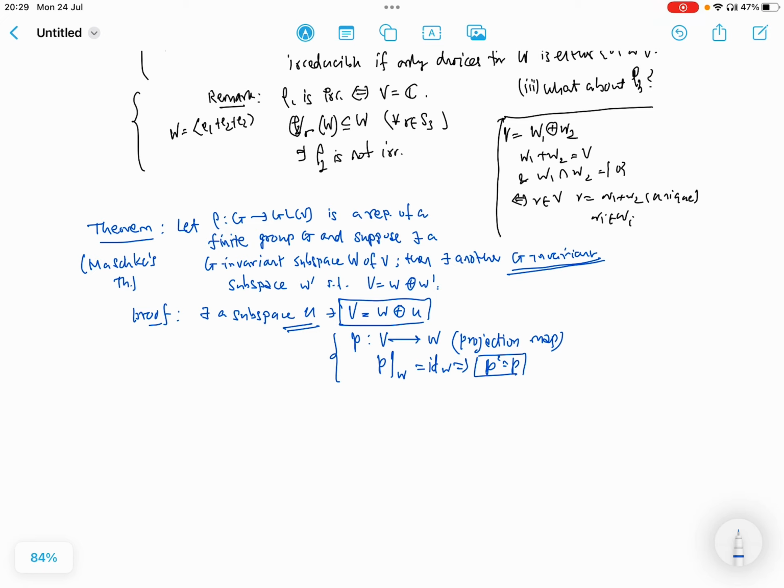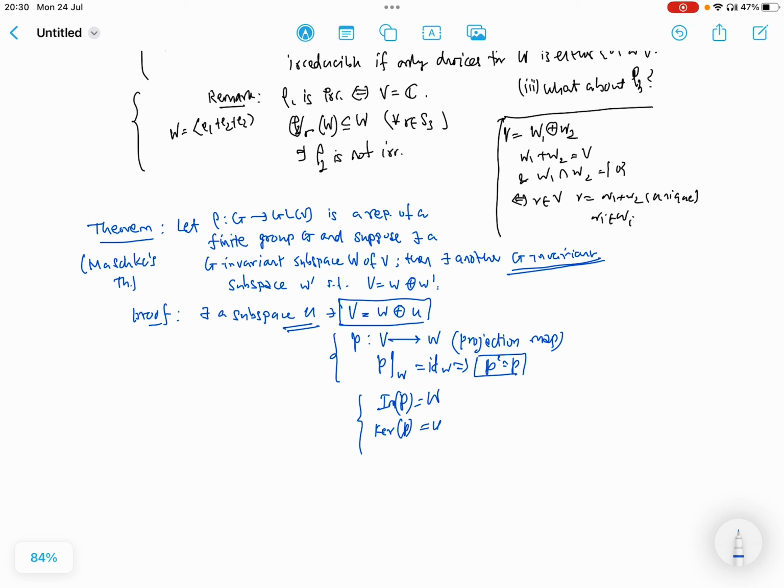Okay, so let's see. And remember, whenever you have a projection, this W is just the image of P. Image of P is W, and kernel of P is U, right?